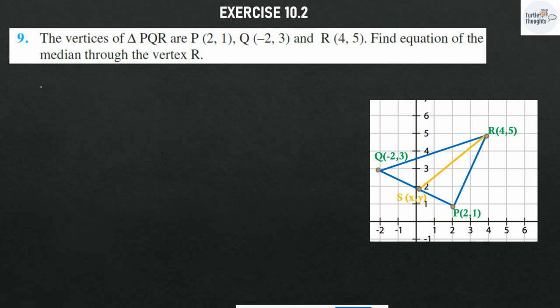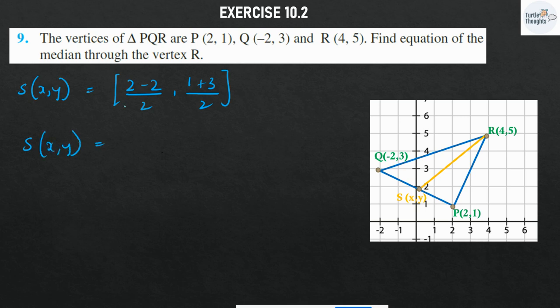Now I'll be getting the coordinates for S, which is (x, y), equal to ((2 - 2)/2, (1 + 3)/2). So I will be getting S as (0, 2). So this point I have got as (0, 2).